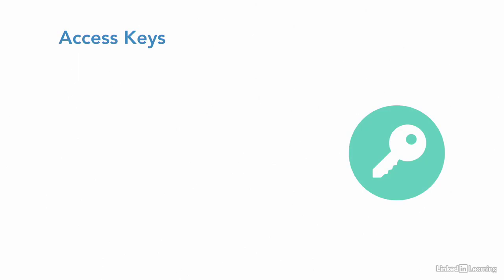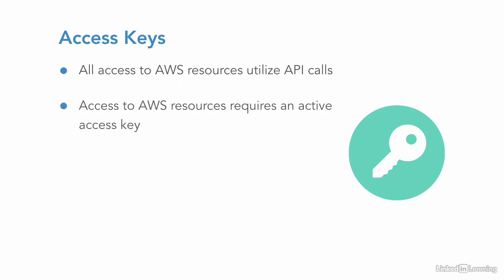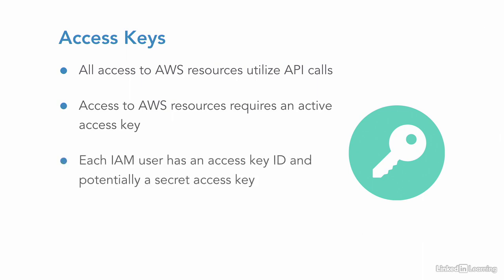If I'm accessing a resource at AWS, I'm going to have to fire off an API call. That API call will only be successful if it is associated with an active access key. And every IAM user has an access key ID and potentially a secret access key. The default after creation is that the access key for a particular user is active, which means you could turn that off and say they're not active.